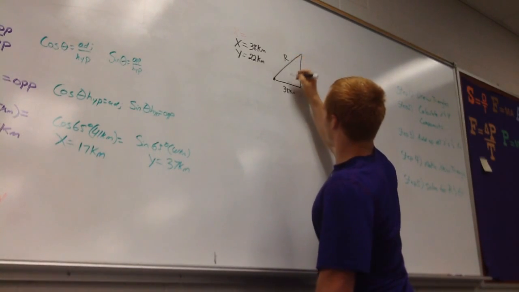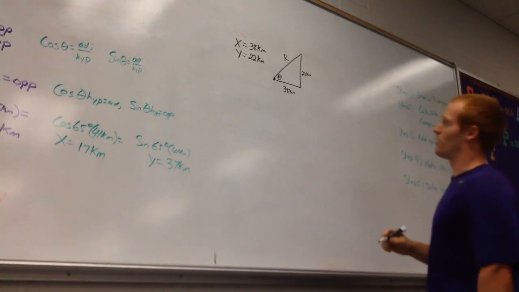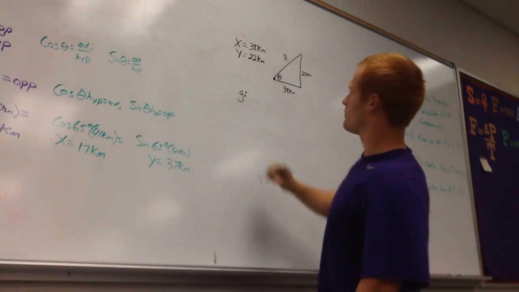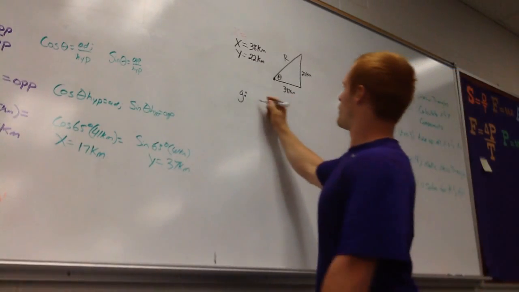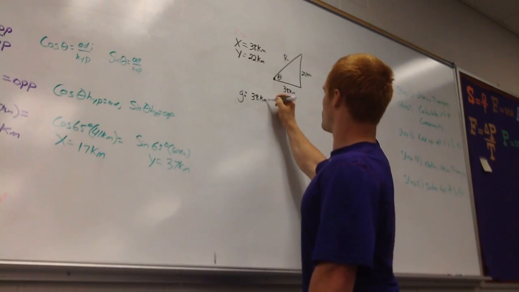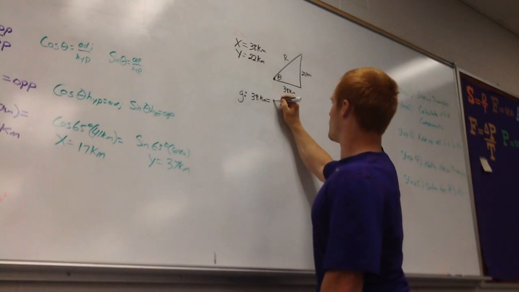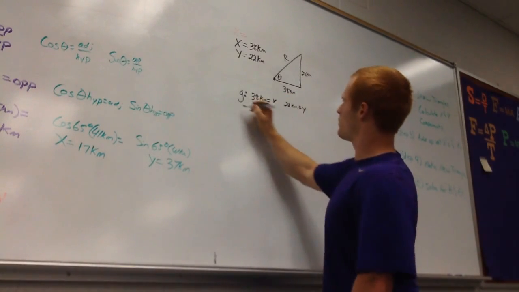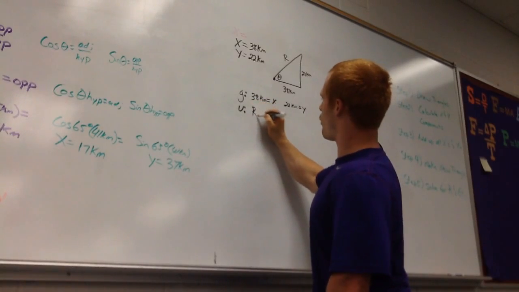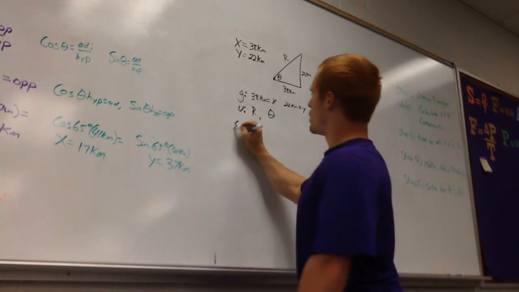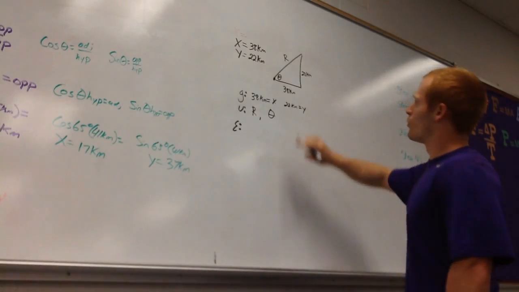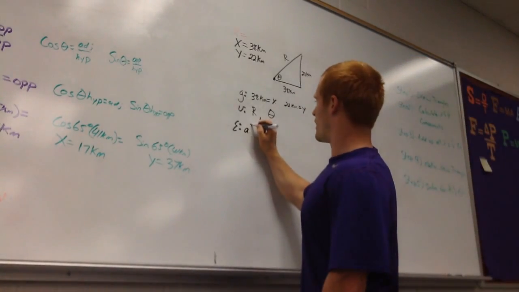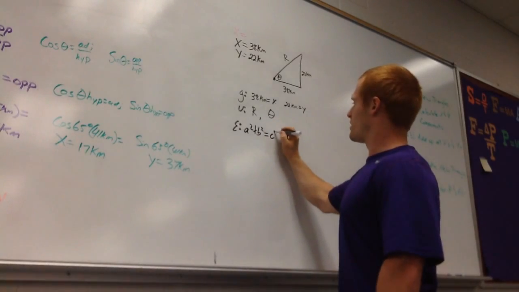We are going to solve for the hypotenuse, or resultant, and theta. So we are given 38 kilometers as our x value, 22 kilometers as our y value. Our unknowns are r and theta. Equation for r, because we don't have an angle right now, we'll just use the Pythagorean theorem. So a squared plus b squared equals c squared.